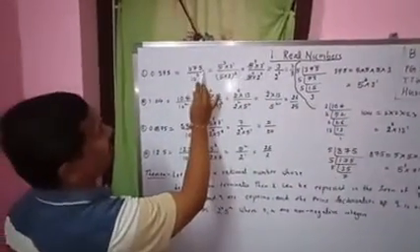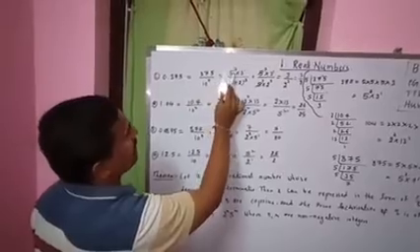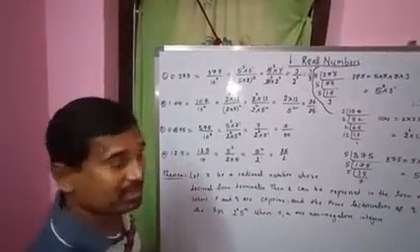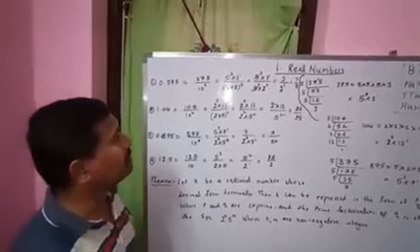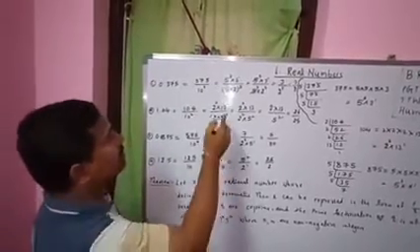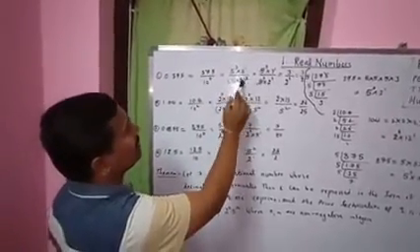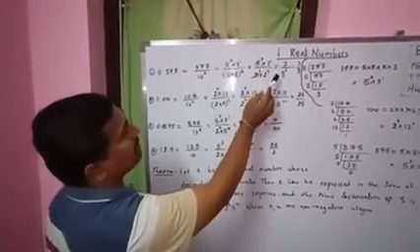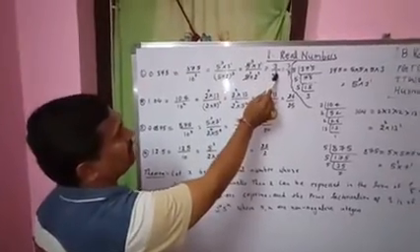So the numerator is factorized and written as 5 power 3, 3 power 1, over 10. 10 can be factorized as 5 into 2. So here 5 power 3 over 2 power 3, so 5 power 3 can be cancelled. 3 by 2 power 3.